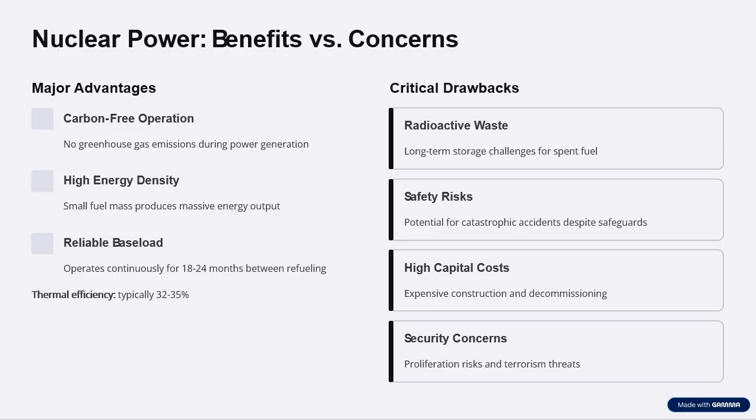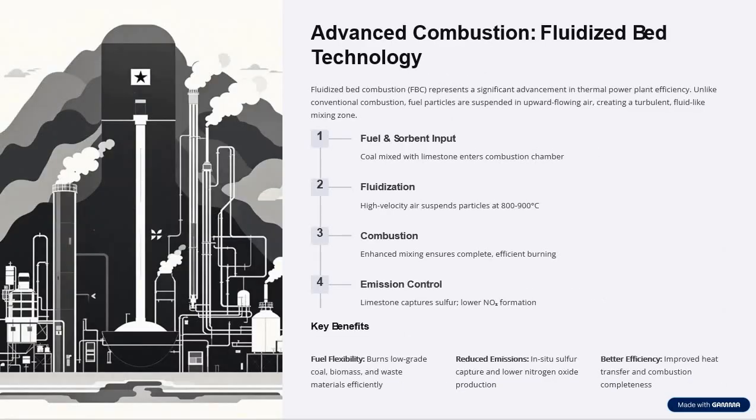The critical drawbacks are mainly radioactive waste and safety risk, and higher capital cost compared to all other power sources. It needs higher security because we are using nuclear energy, with very high risk and terrorism threats. So we need higher safety and security measures.